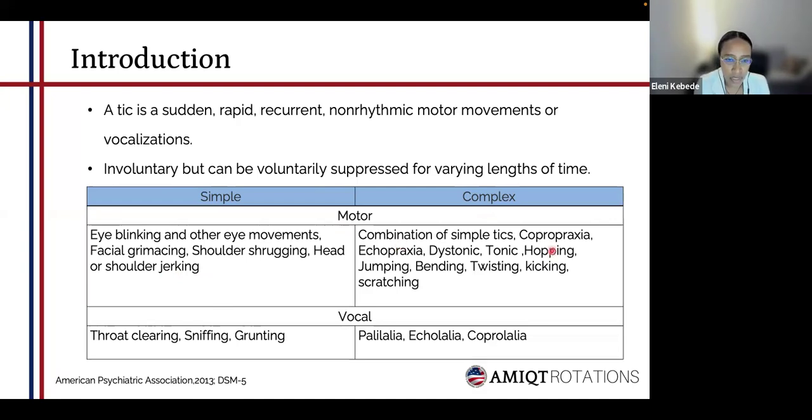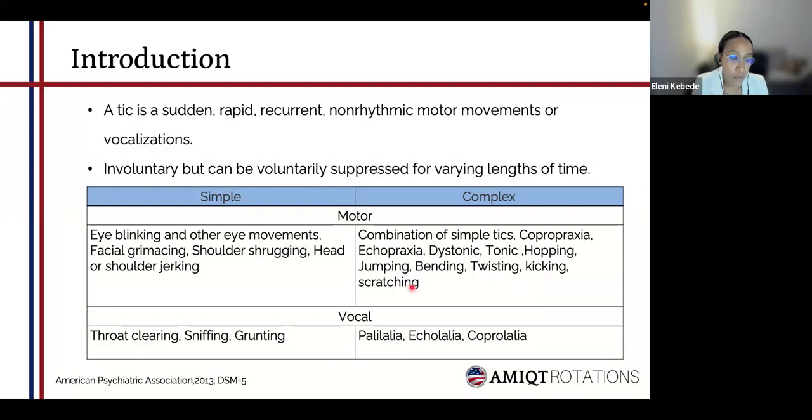Or it could be copropraxia, which is doing a tic-like sexual or obscene gesture. Or it could be echopraxia, which is imitating somebody else's movement.